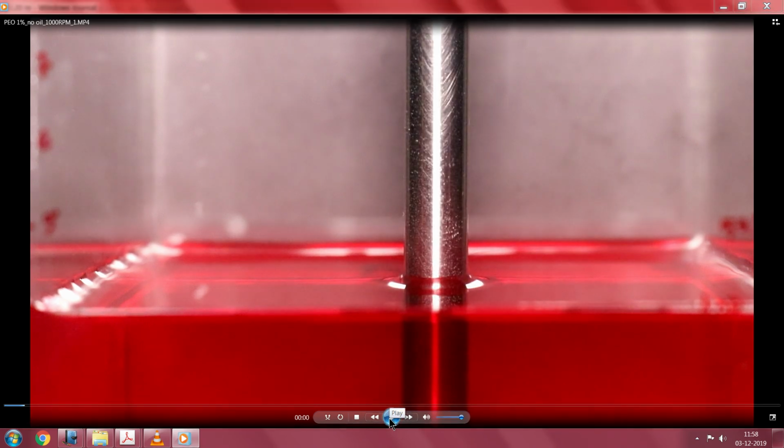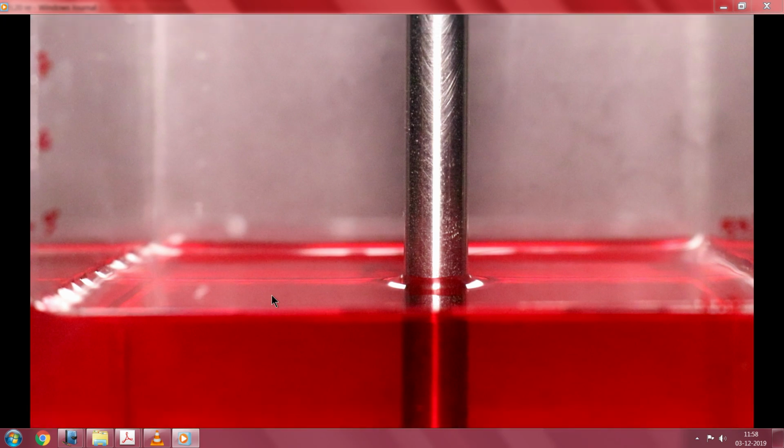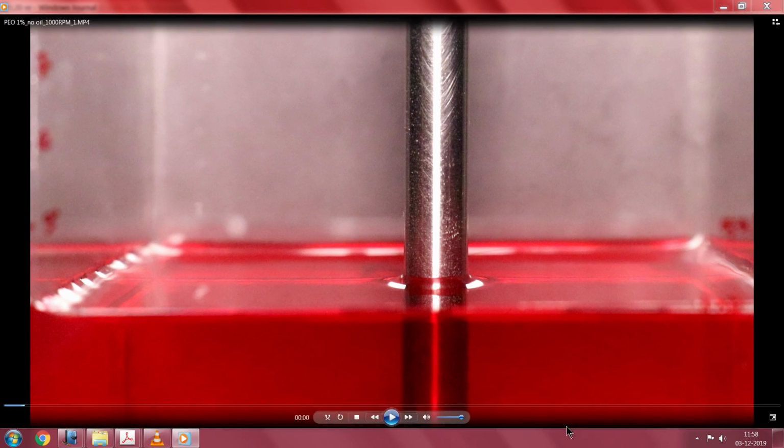We are going to rotate this rod at a particular angular velocity. This is PEO, polyethylene oxide, 1% polyethylene oxide. We took a powder of polyethylene oxide and dissolved it in water to create this volume of fluid, and it looks red because there is a dye in here for better visualization. So, let me play this video and then I will explain.